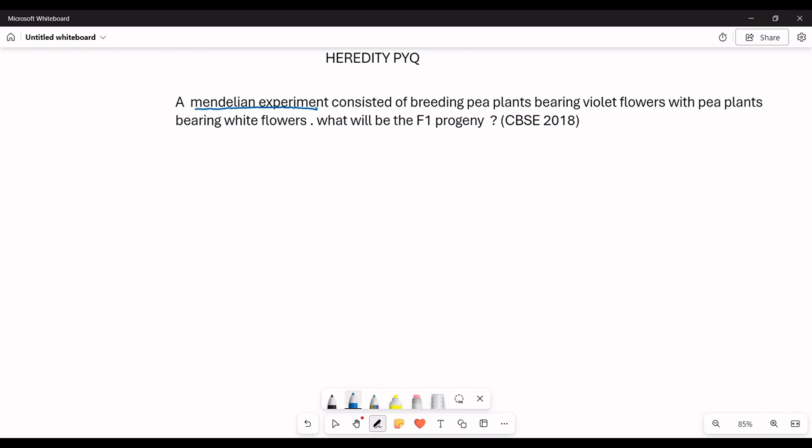Your first important point is Mendelian principle, then the breeding, then violet flowers and white flowers. Last but not the least, F1 progeny. Now F1 progeny means second generation, or we can say first filial generation.